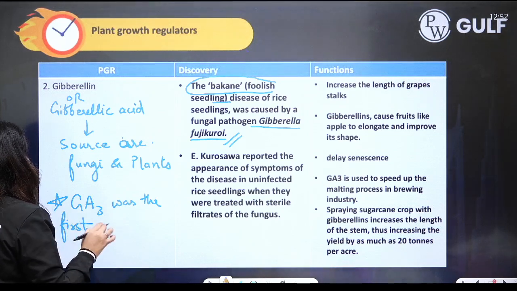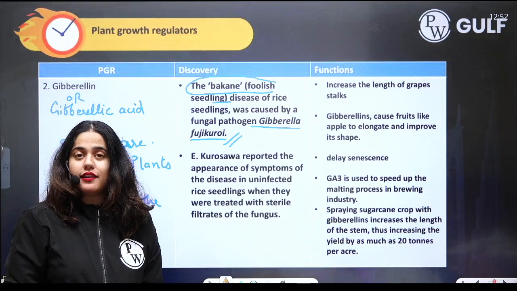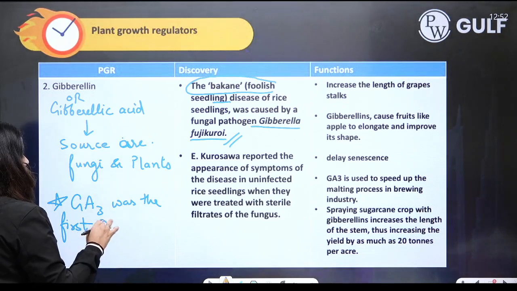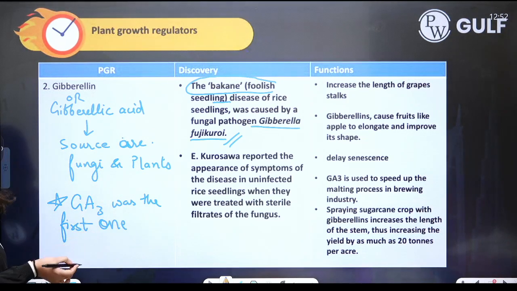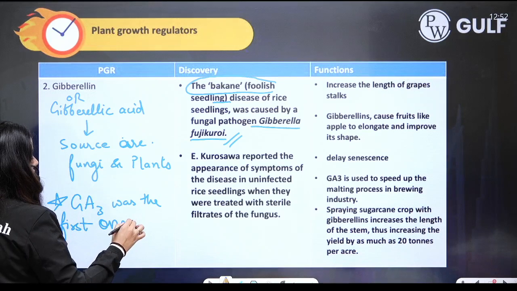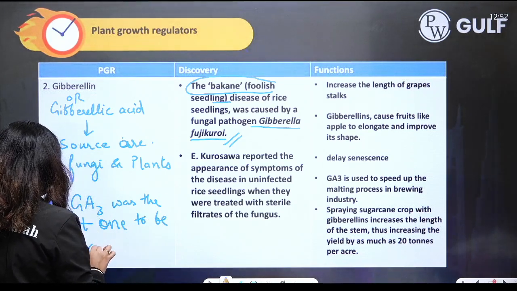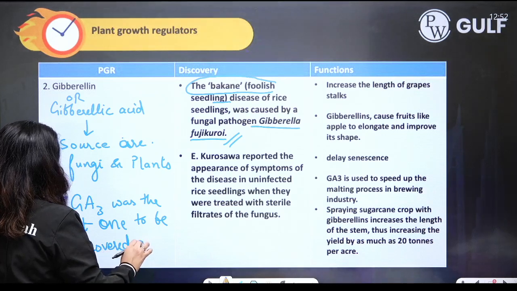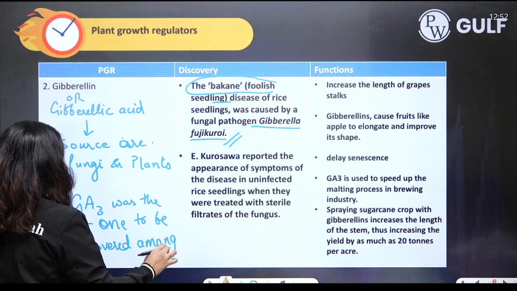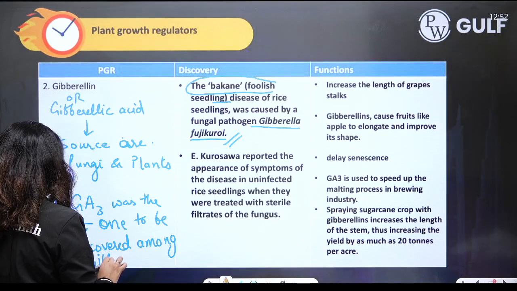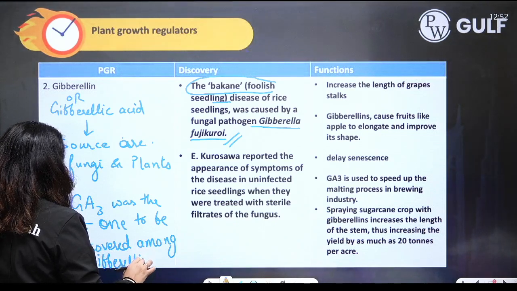There are more than 100 gibberellins discovered so far, but gibberellic acid 3 was the first one to be discovered among gibberellins. Okay.